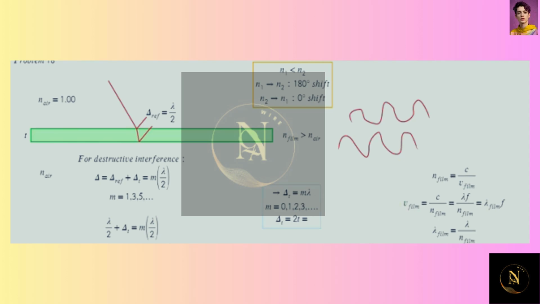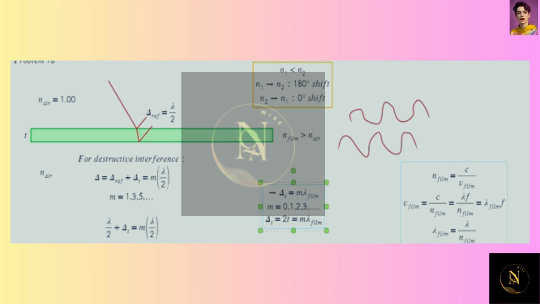In order for this to occur, there has to be an integer number of those wavelengths in the film. So this is going to be m lambda film, because as the light goes through the film, the wavelength changes to lambda film.